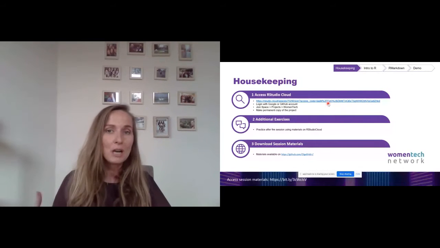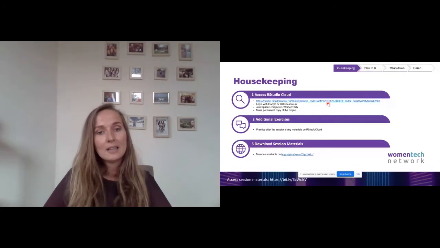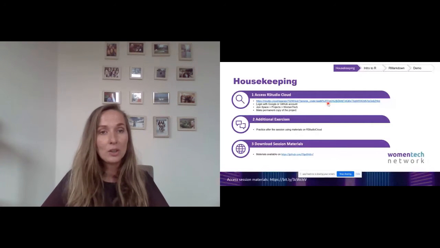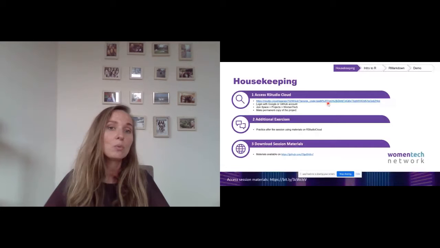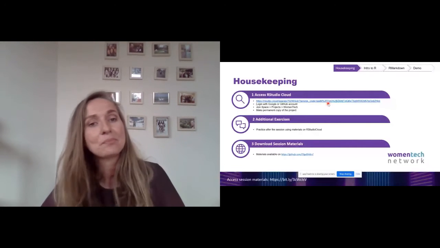I'm going to be showing you how it works very briefly, but what you need to do, you need to follow the link. Basically, you can just type in this combination of letters, and you need to log in. You can log in with Google or GitHub accounts, or with your own email account. You can create an account with your email.